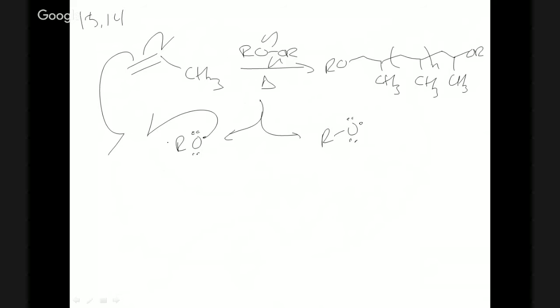What happens? You form an oxygen-carbon bond. Put the H there and show the radical. That's initiation.